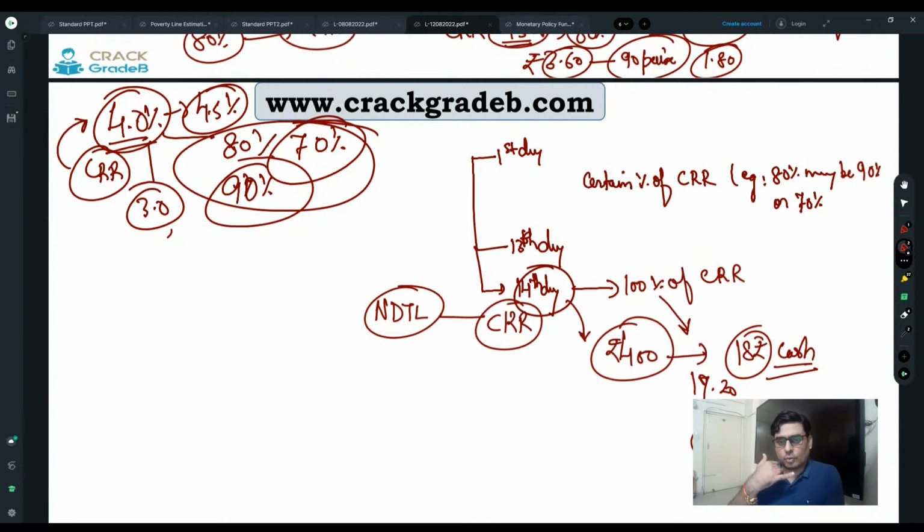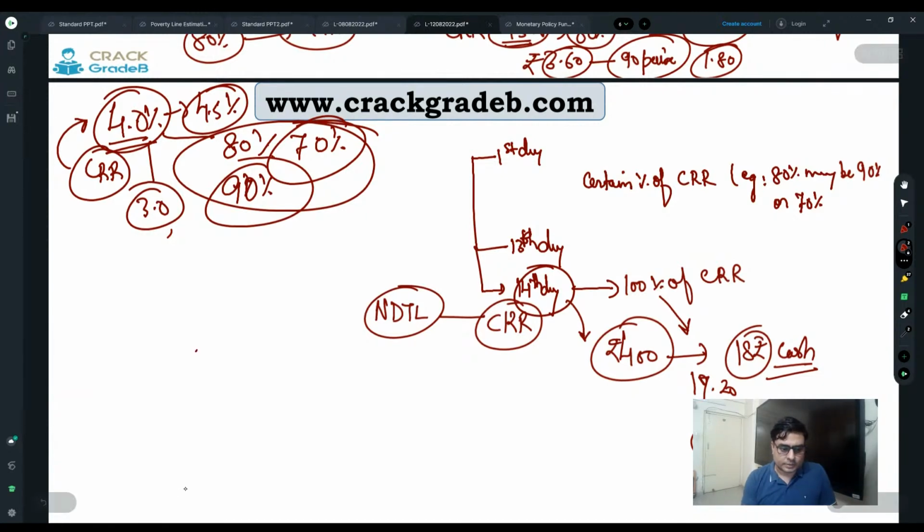So over the phone, banks request one day lending of a certain amount so that they can fulfill their cash reserve requirements, and other banks who have surplus liquidity give that money.